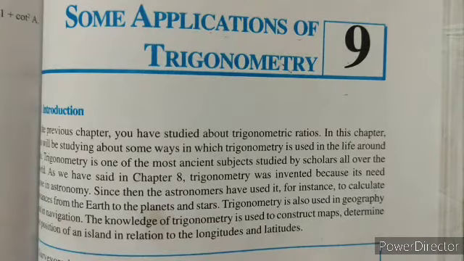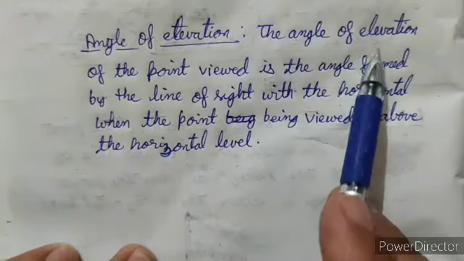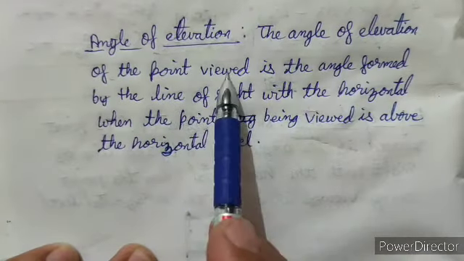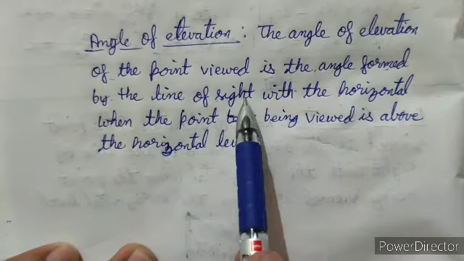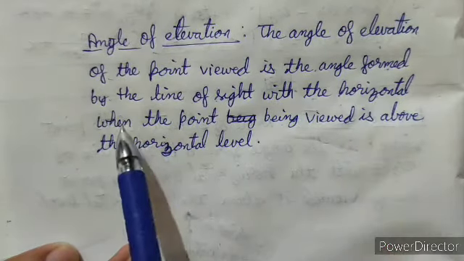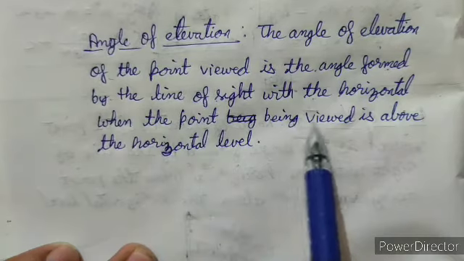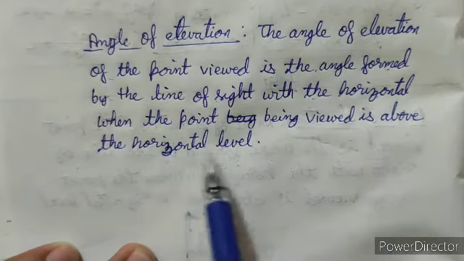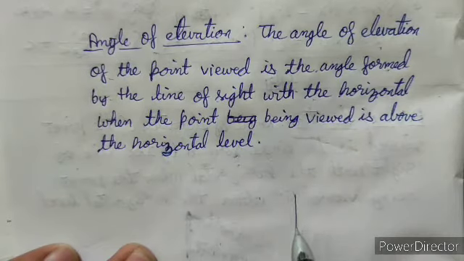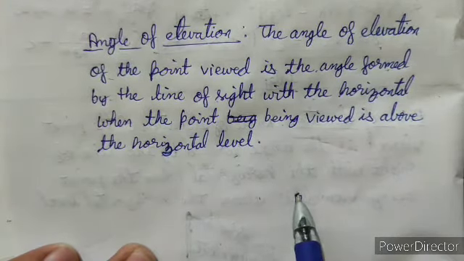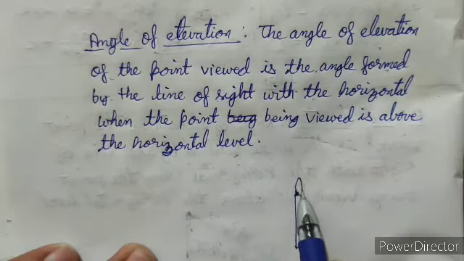Now first of all, what is angle of elevation? The angle of elevation of a point viewed is the angle found by the line of sight with the horizontal when the point being viewed is above the horizontal level. Now suppose a water tank is at some height from the horizontal.